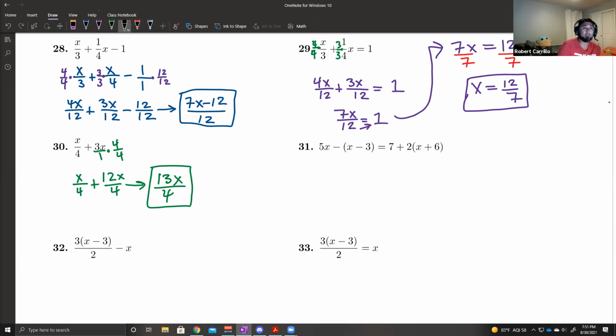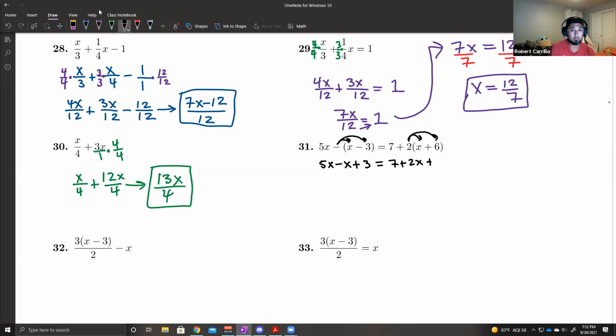And now, equation 31. 5x minus x minus 3 equal to 7 plus 2 times x plus 6. Okay, so first thing we're going to do, distribute that negative. 5x minus x plus 3 equal to 7, and then distribute that 2.